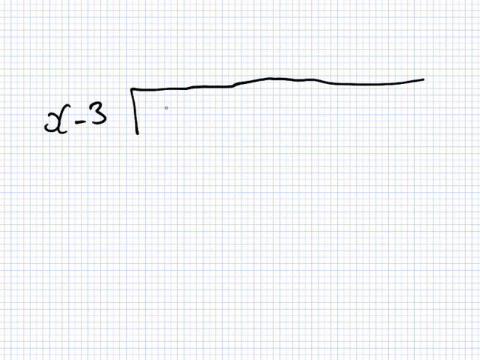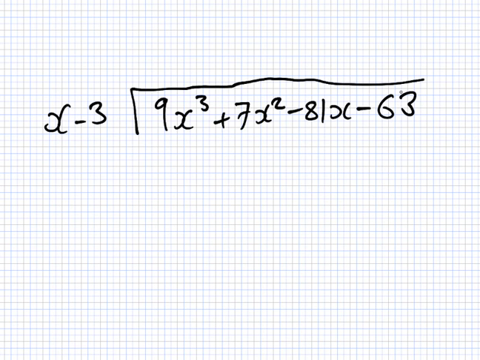Okay, look, let's try this one, x minus 3. We'll do it bit by bit. Fahad, you give me the first number I need to put here and tell me why. 9x squared.